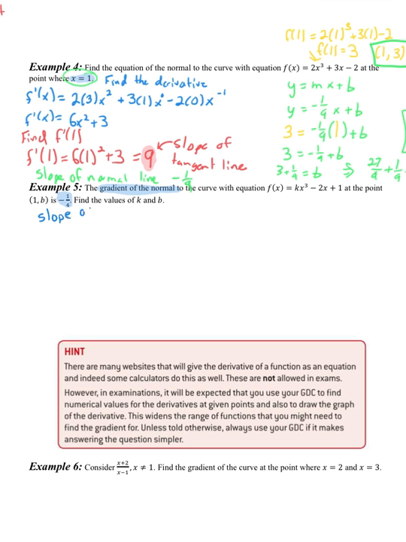So I'm going to write that down. Slope of the normal is negative 1/4. That means the slope of the tangent line is going to be 4.